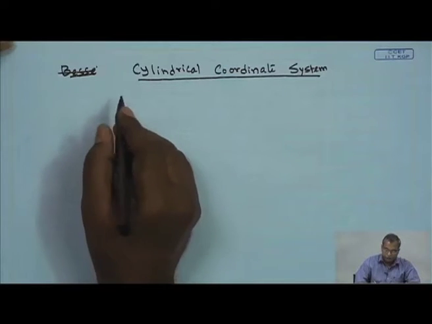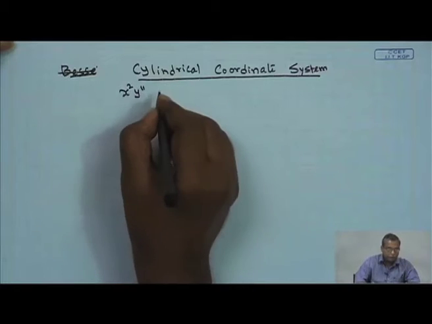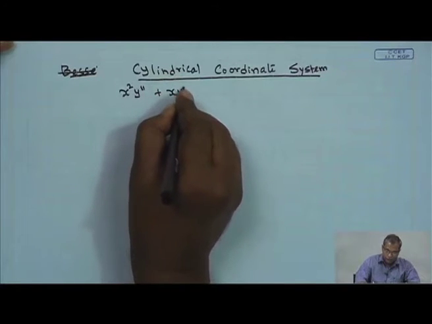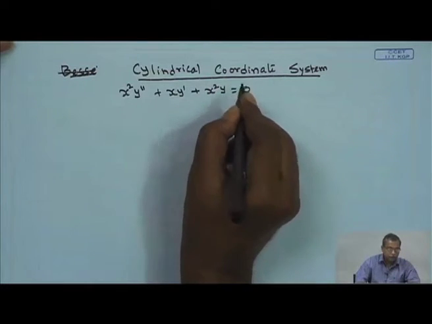The differential equation that one will encounter is in this form: x square y double prime plus x y prime plus x square y equal to 0.